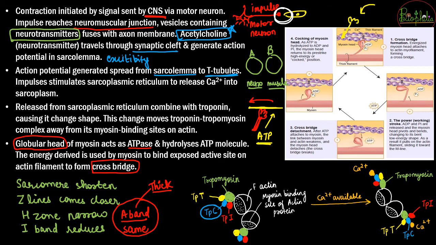It is the way it was earlier. So this is a very important MCQ that you need to understand, that there are no changes in the A band. Whatever happens is going to happen to the sarcomere, the Z lines, the H zone, and the I band. That is what you need to understand, the changes that occur once there are muscle contractions.